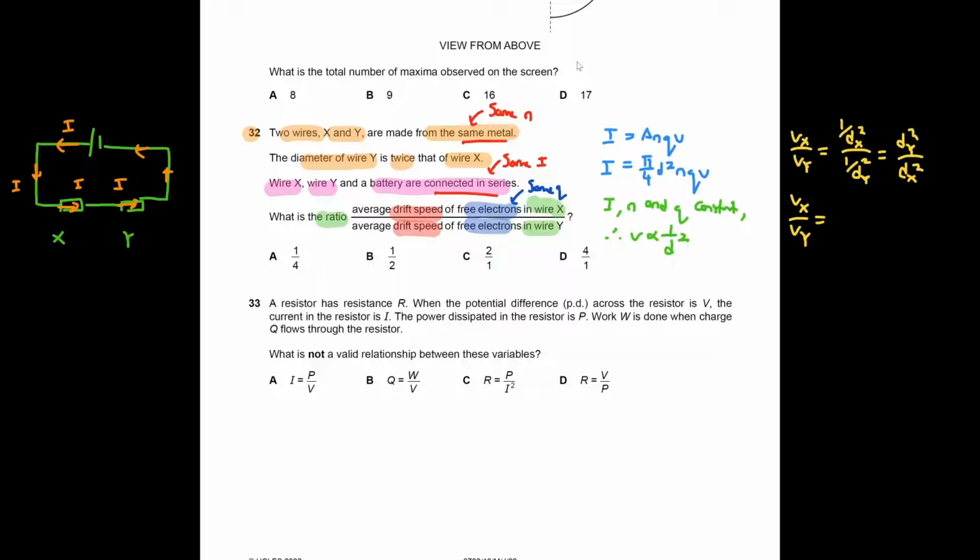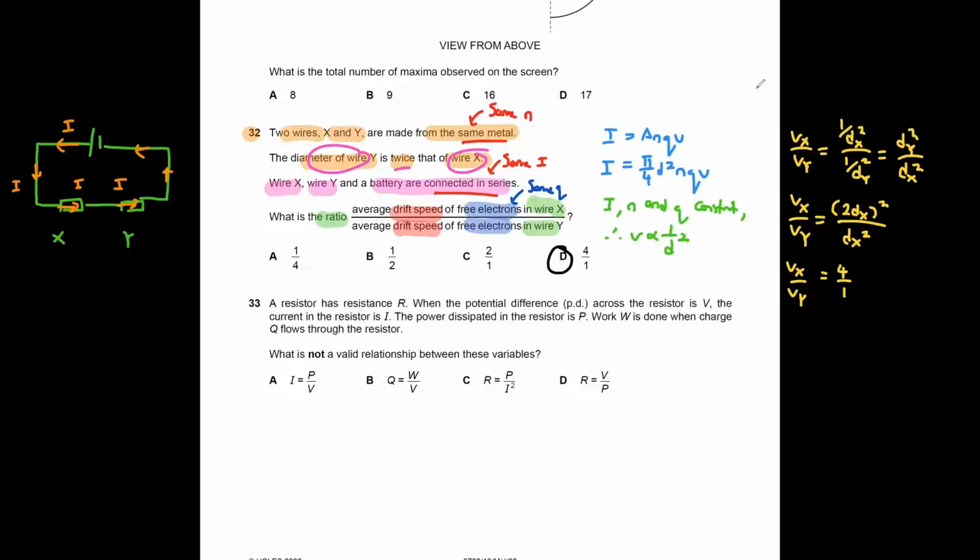The diameter of y is twice that of x. So here you will actually say that dy is 2 times of dx, square it. So remember to square for the 2 and the dx, you eventually get 4 dx squared. So you will end up with 4 to 1 for ratio of Vx to Vy. So the answer here would rightly be D.